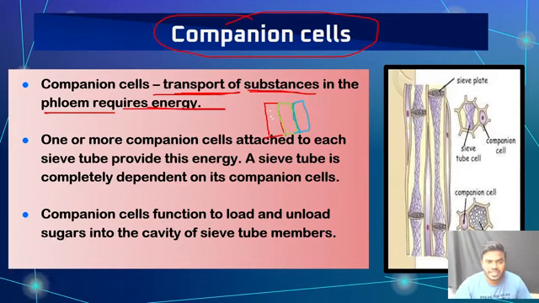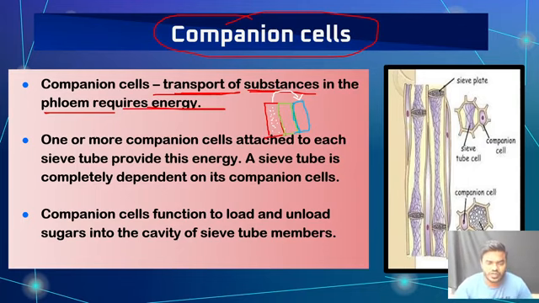Where is the sugar synthesized, friends? Sugar is synthesized in the mesophyll. Now you tell me, is the sugar entering directly from the mesophyll cell into the sieve tube element? Is that possible? Not at all. Every student has to understand.